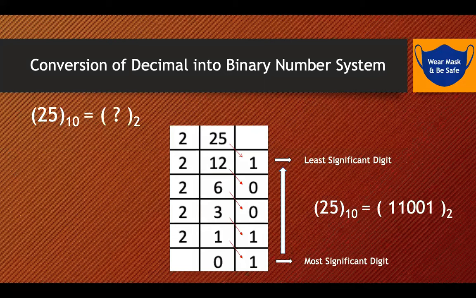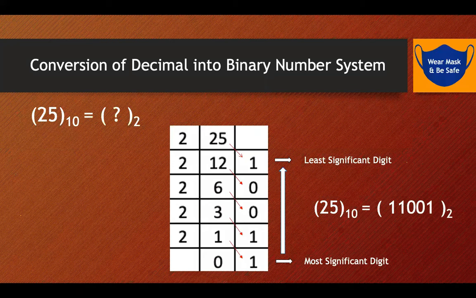Now this is the example on your screen. We have to convert the decimal number 25 to a binary number. So we have to divide the given decimal number by 2 and write down the remainder.